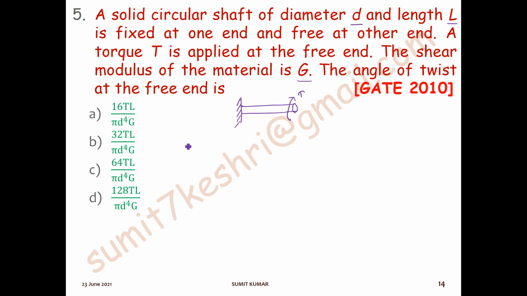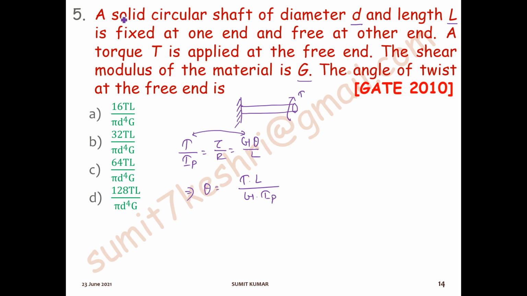So what is the formula? T by IP is equal to tau by R is equal to G theta by L. If you use these terms, you can write theta as T into L by G into IP.